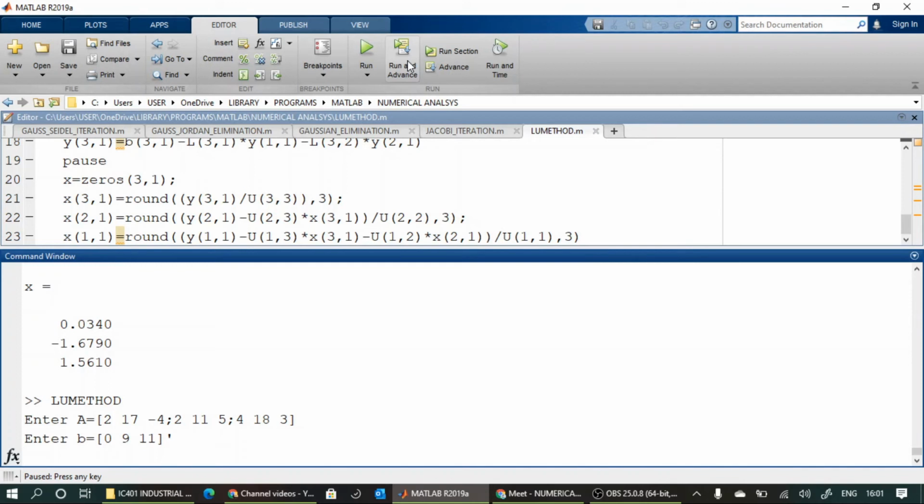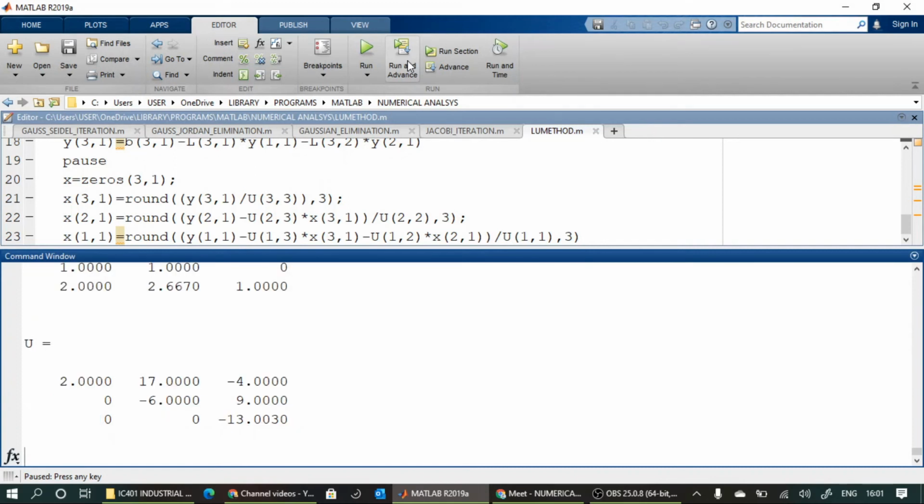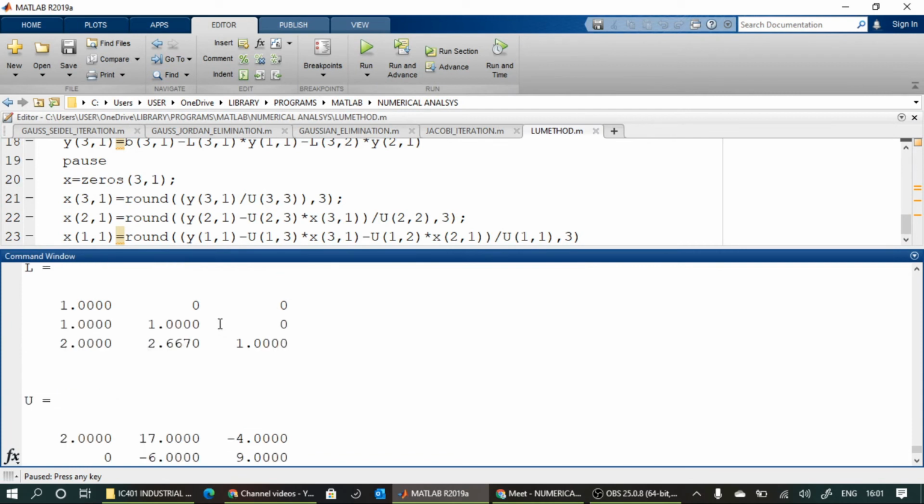First one U11, U12, U13, right? So this is L, 1 0 0, 1 1 0, 2 2.667 1.